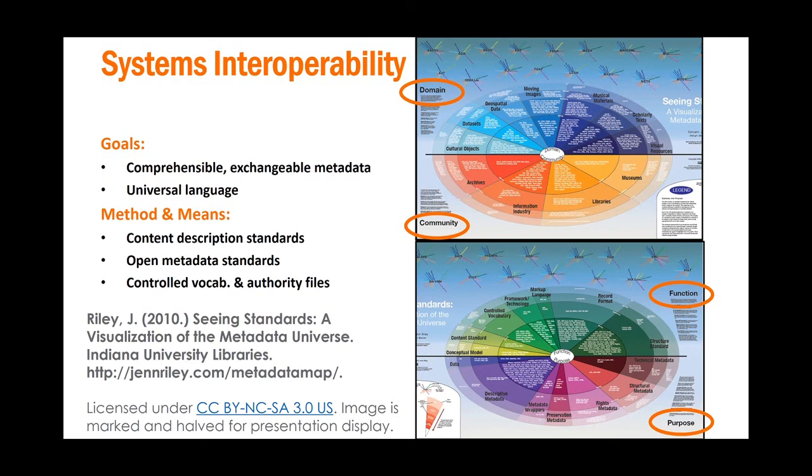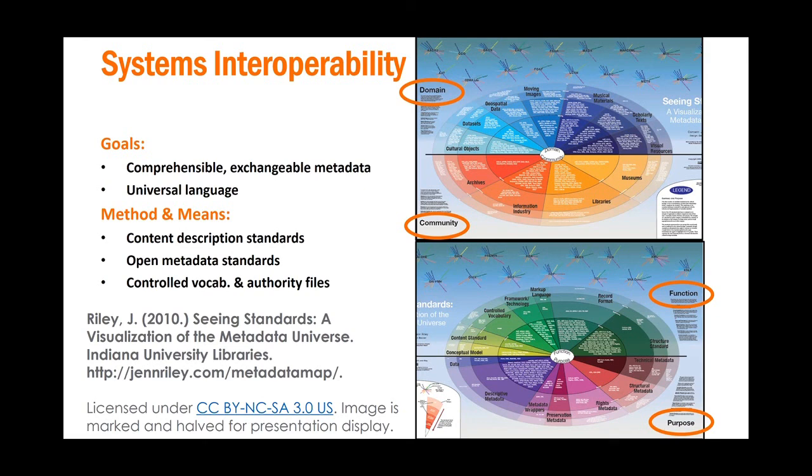Computers couldn't effectively exchange and render each other's resources. So to overcome this figurative language barrier, descriptive practices, schemas, and values needed to be developed to make them universally recognized and adopted by all systems and institutions.